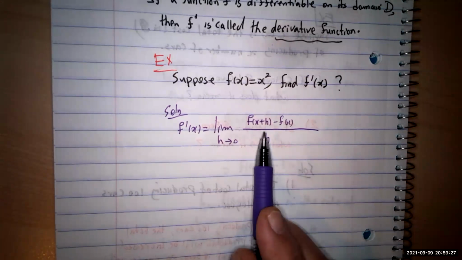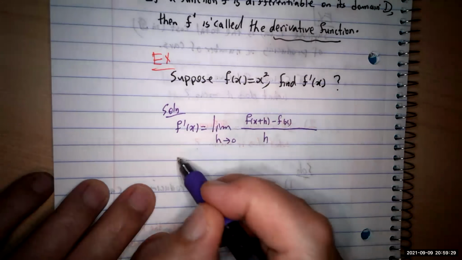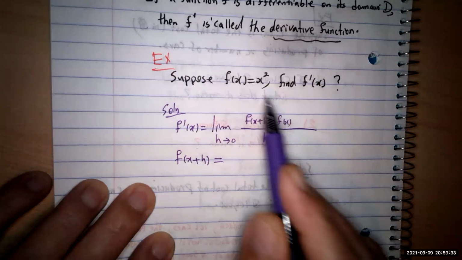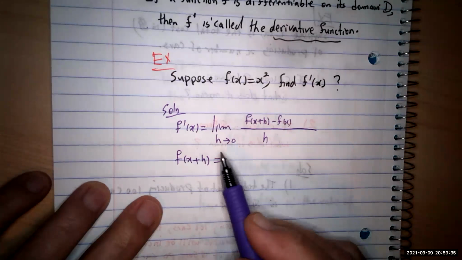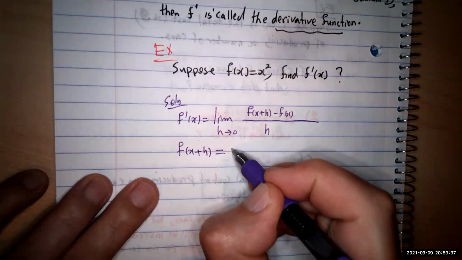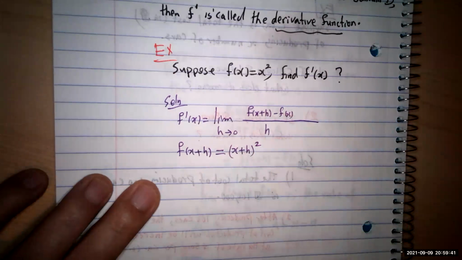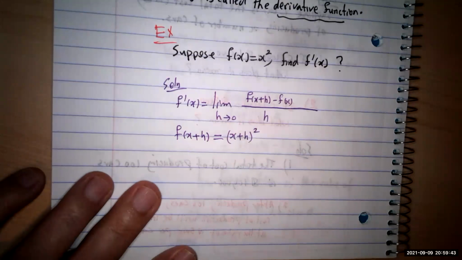Let's find f of x plus h. F of x is x squared. You replace the x by x plus h. That gives x plus h squared. Square it or multiply by itself: x plus h times x plus h. FOIL it.